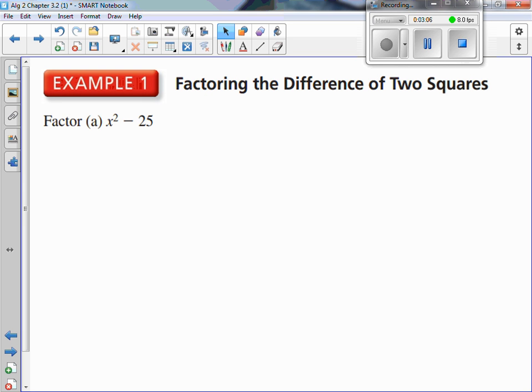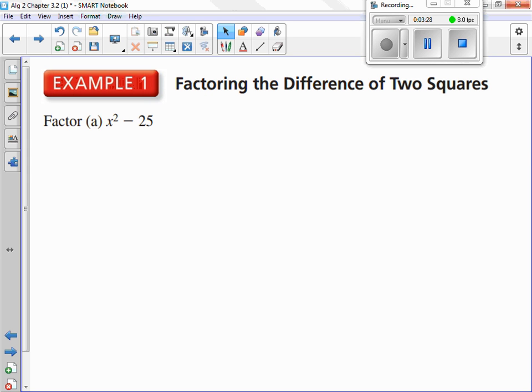Now, one of the first clues when we look at a problem to determine whether it is a difference of perfect squares is, is it a difference? Do we have two terms being subtracted? Well, here, yes. Now, we can't have a middle term. Since the variable is x, I can't have a term with just x, because I have x squared and I have 25.